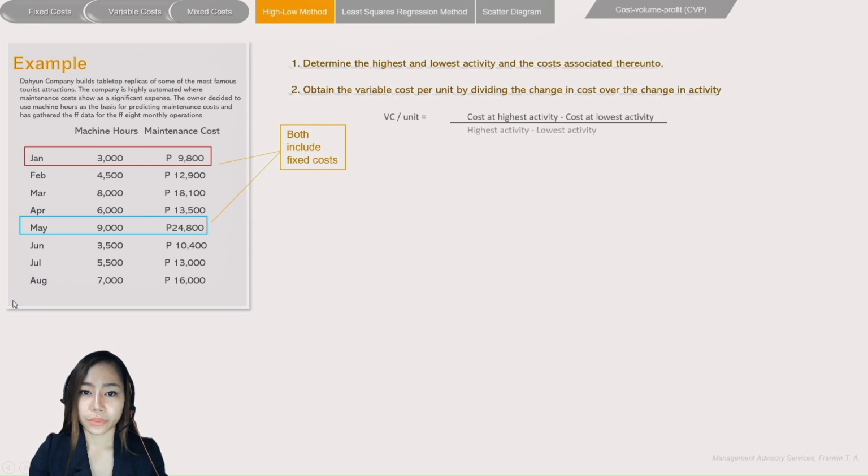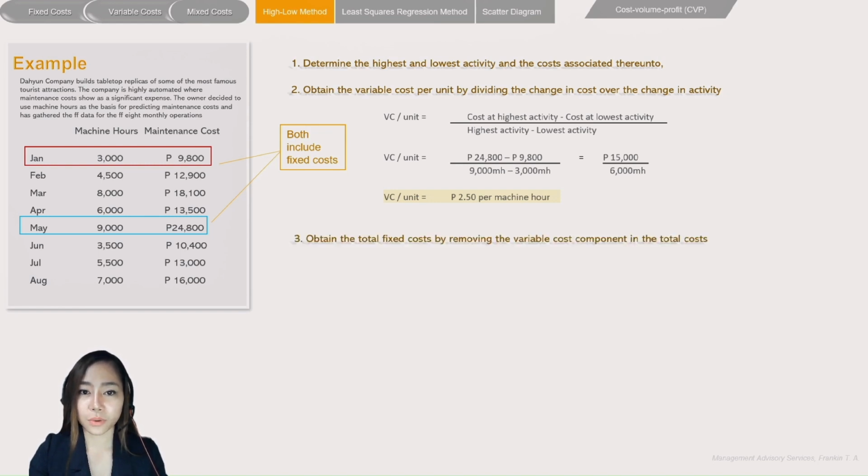So variable cost per unit equals cost at highest activity, which is 24,800, minus cost at the lowest activity, which is 9,800, divided by the highest activity, 9,000 machine hours, minus the lowest activity, 6,000 machine hours. So your variable cost per unit is 2.5 per machine hour.